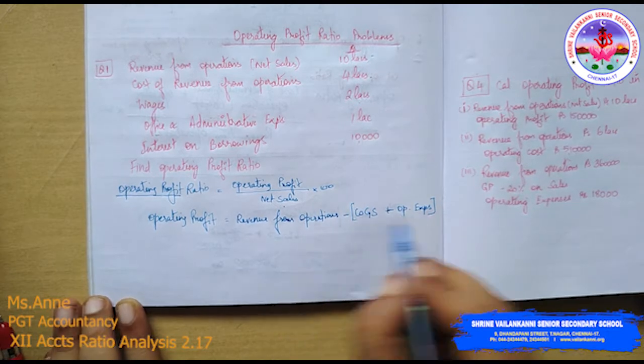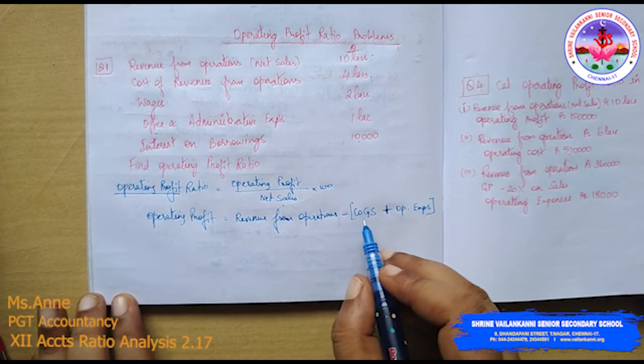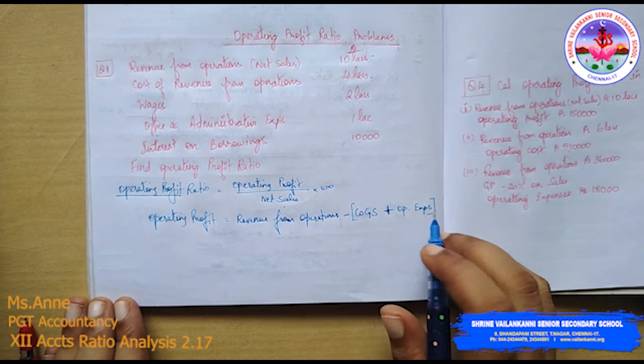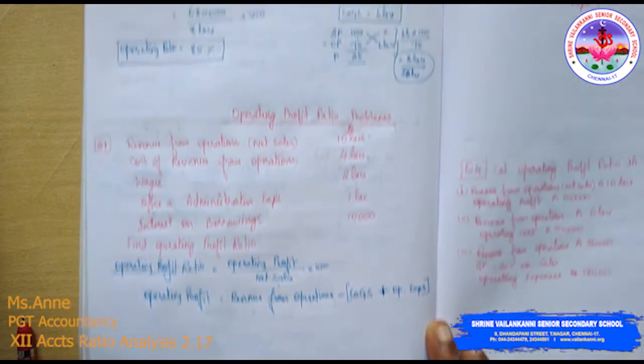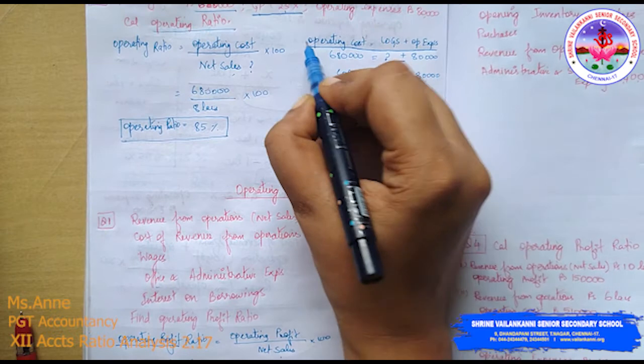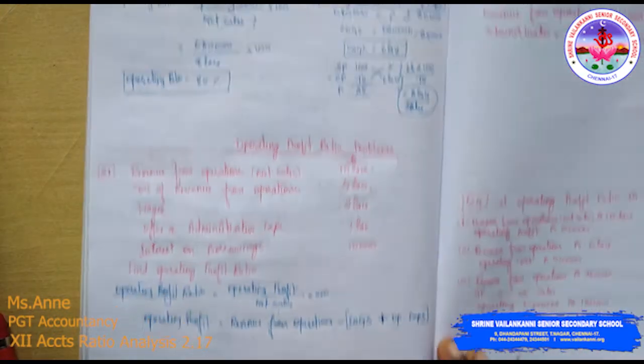Now this may be new to you. Do you remember what is cost of goods sold plus operating expenses? We just now saw what that is. Operating cost is equal to cost of goods sold plus operating expenses.